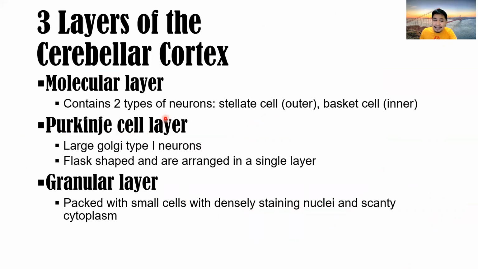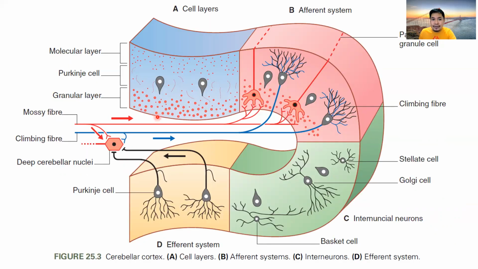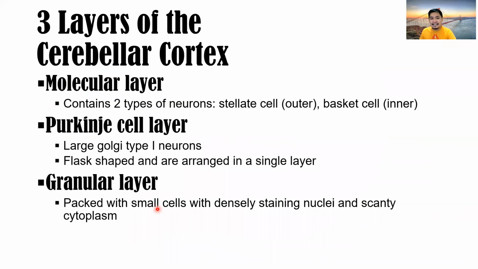The Purkinje cell layer is composed of different Purkinje cells and large Golgi type 1 neurons, flask-shaped and arranged in a single layer. Okay, so you have here your Purkinje cells arranged in a single layer.